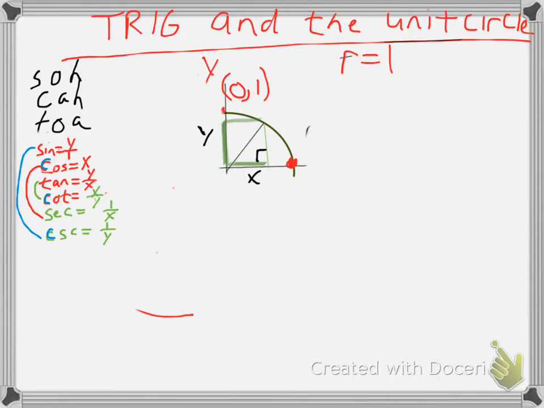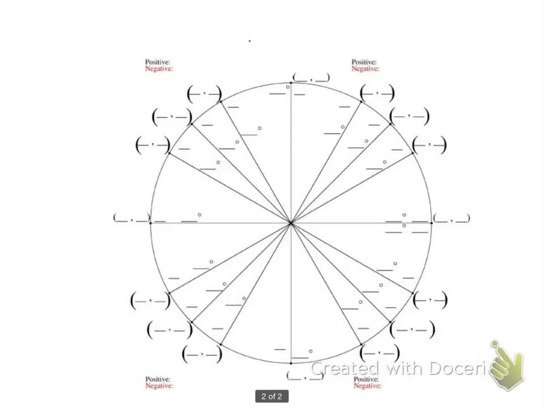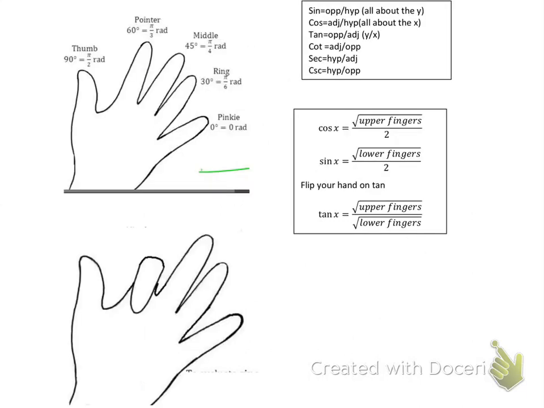Alright, so with this in mind, we're going to develop a little trick to help us remember these certain values. So let's back it up a slide or two, and take a look at this hand trick that somebody has developed to help us remember it.